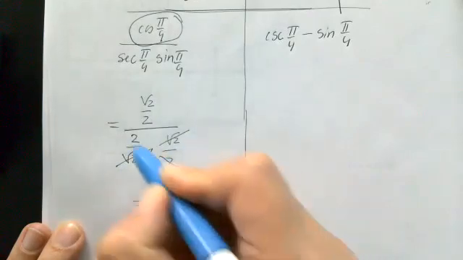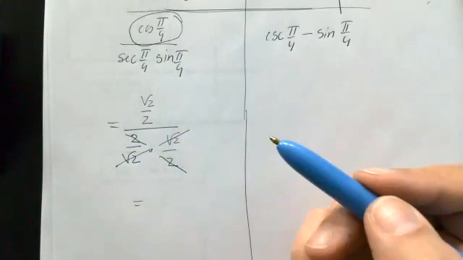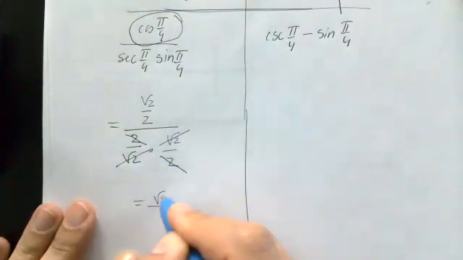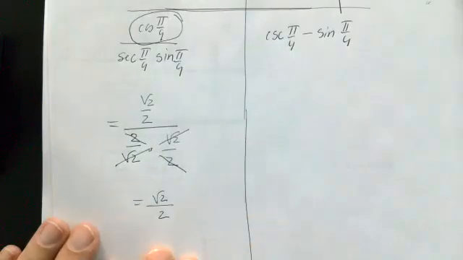The 2 from here cancels with 2 from there. So all you have here at the bottom is 1. So we have square root of 2 over 2.